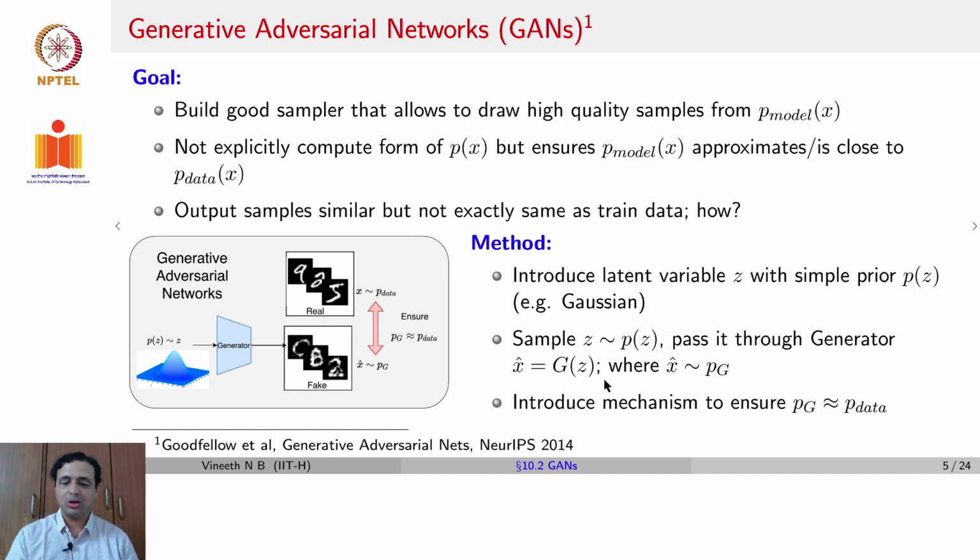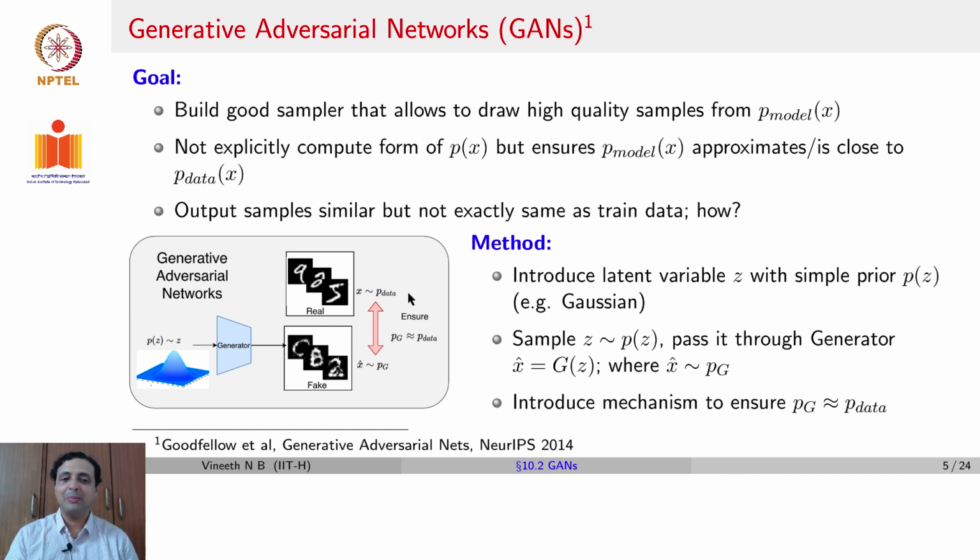We want to ensure that if we had a distribution of training data given by P data, the distribution PG must be close to P data. Observe that we are not trying to assign a likelihood to every data point X hat or even X for that matter. We want that distribution PG to be close to the distribution P data.